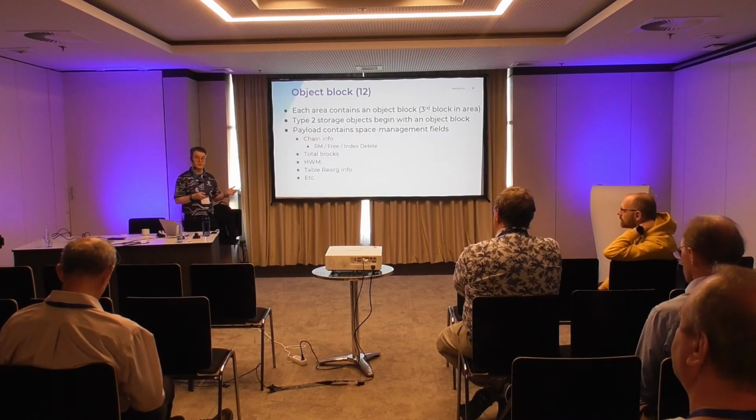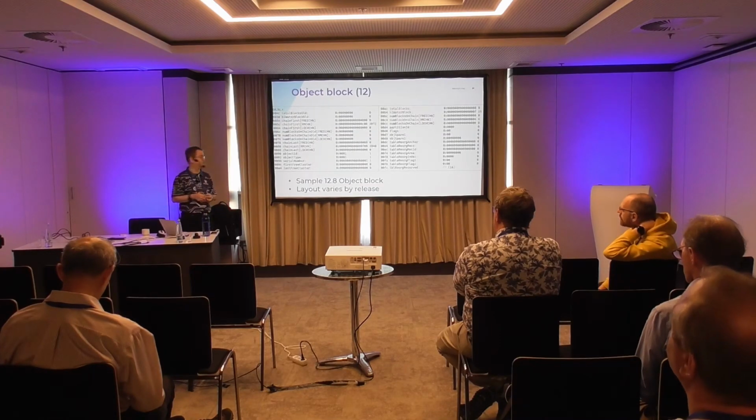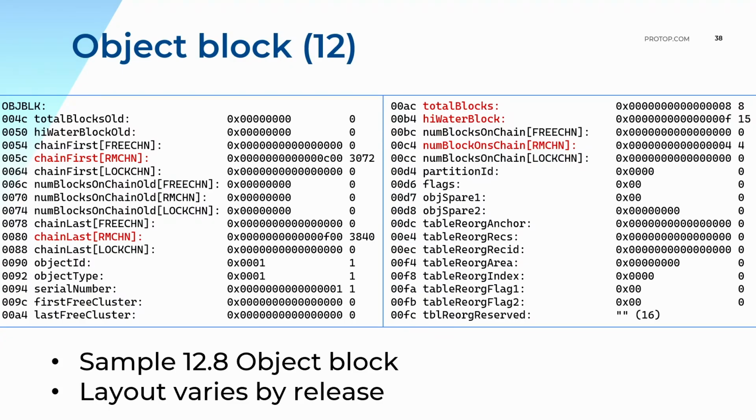In later versions, you're going to have more fields. So for example, if you're looking at a 12.3 or later database, you're going to see some fields about table reorg. And the payload looks something like this. Bit of an eye chart. I've just highlighted some of the more interesting fields.